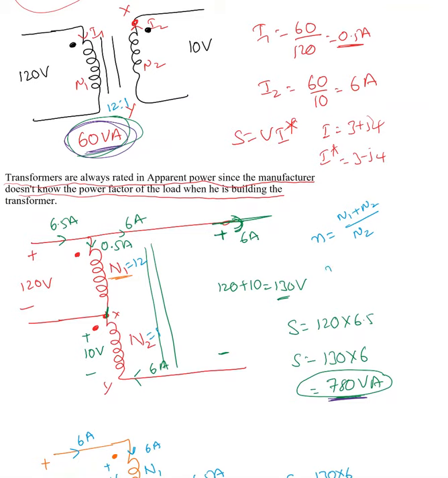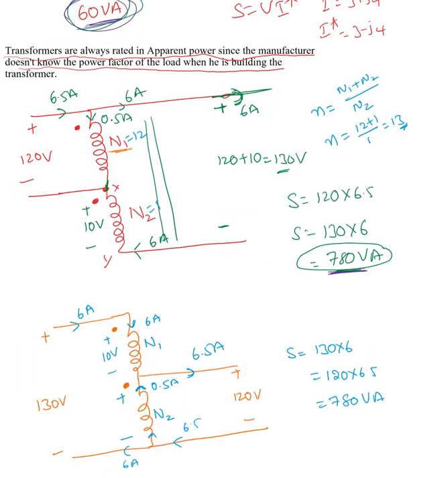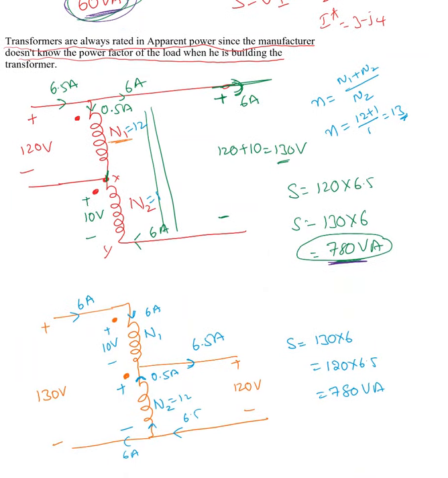So this transformation ratio or transformer ratio is 12 plus 1 over 1. So here it is 13. This is 12 and this is 1. So transformer ratio N equal to N2 over N1 plus N2, 12 over 12 plus 1. Okay, so that is 12 by 13.